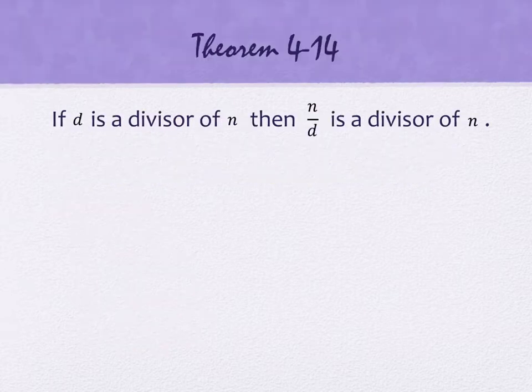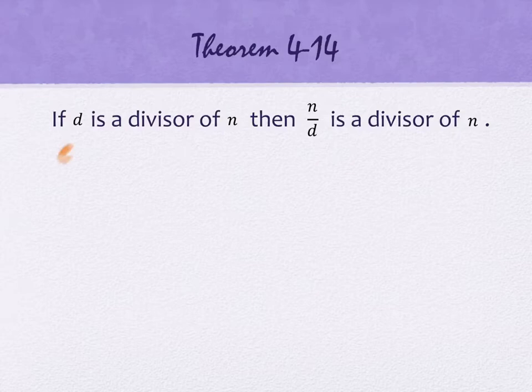Another theorem: if D is a divisor of N, then N divided by D is a divisor of N. What this really says is that divisors come in pairs. Let me give you an example.